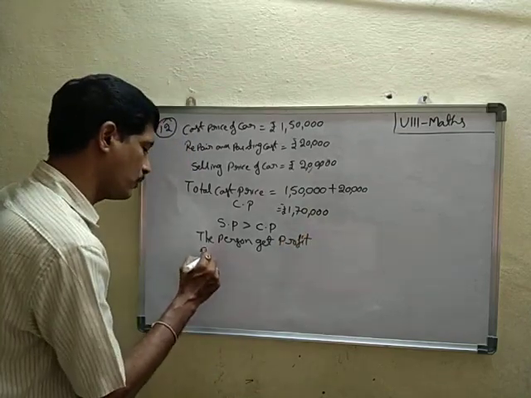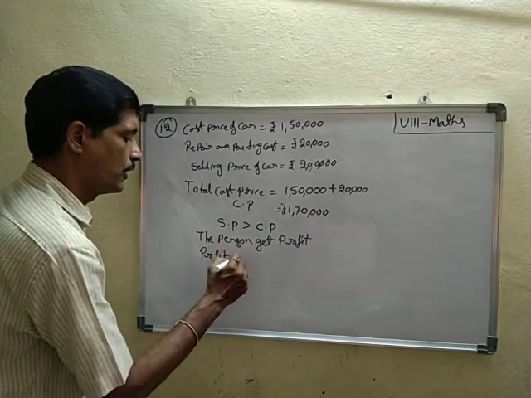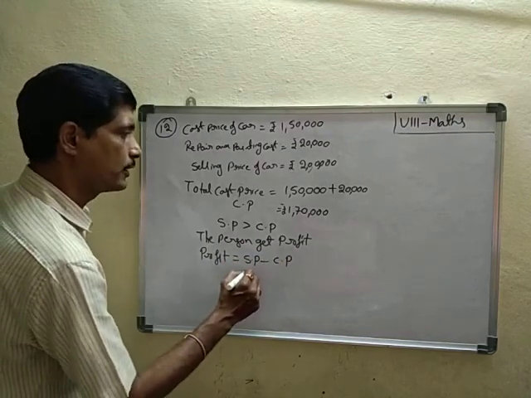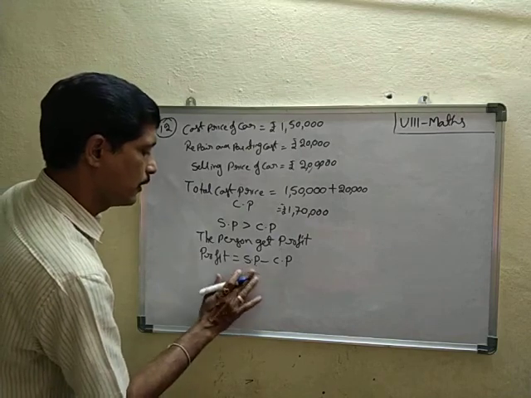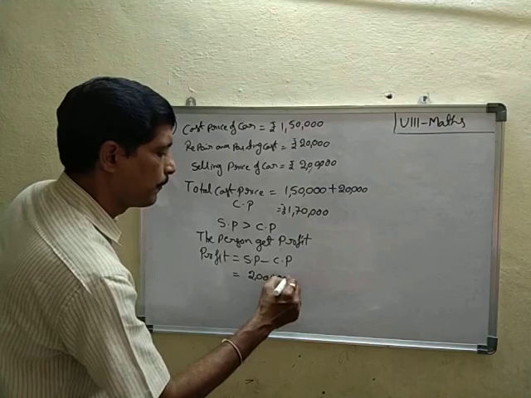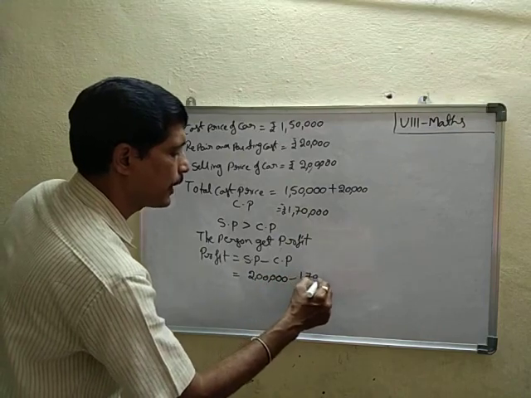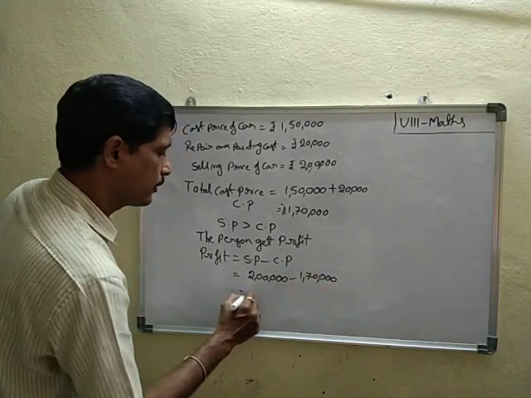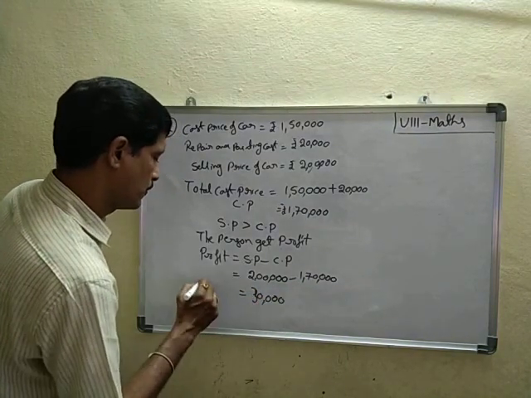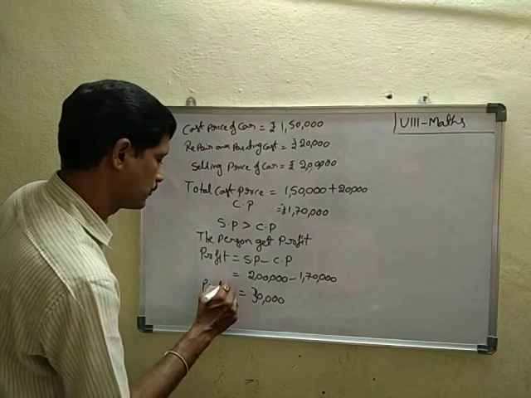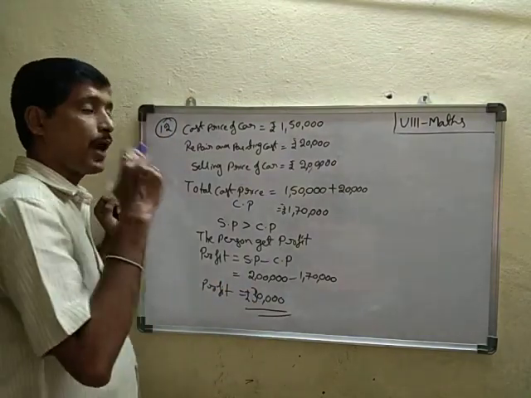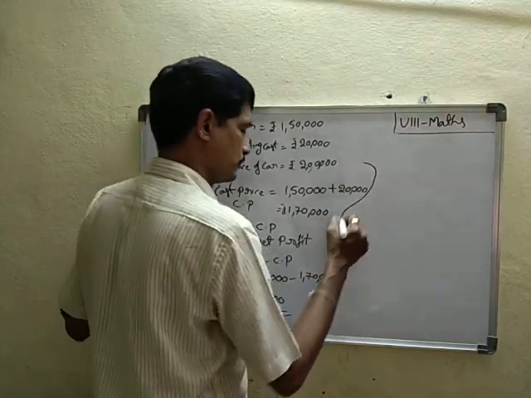Profit equals how much? Profit equals SP minus CP. SP equals 2 lakhs minus 1,70,000, that equals 30,000. Profit is 30,000. We are asking for profit percentage also.